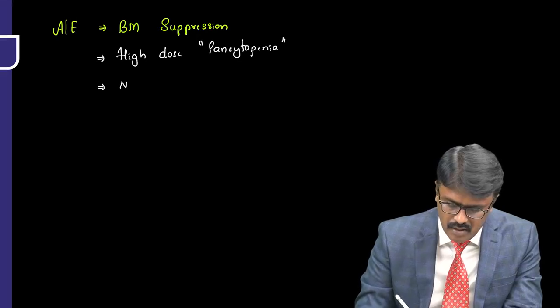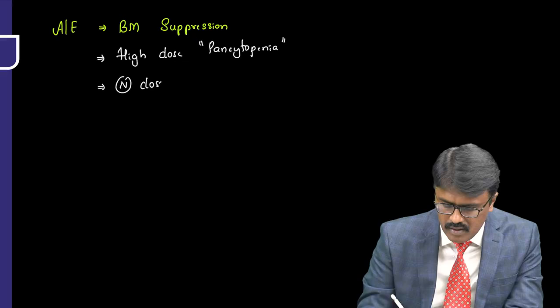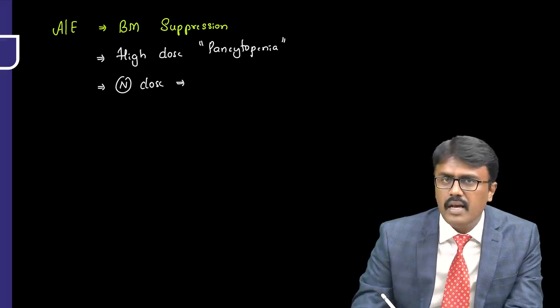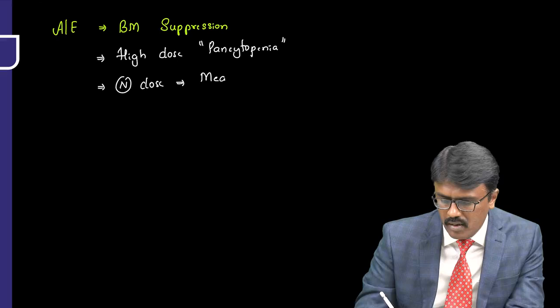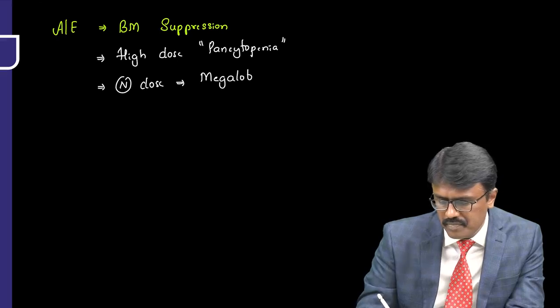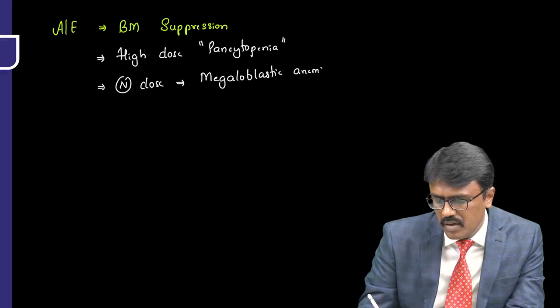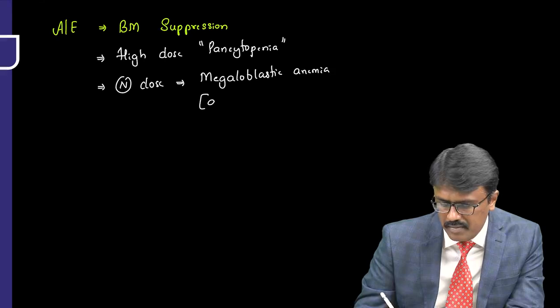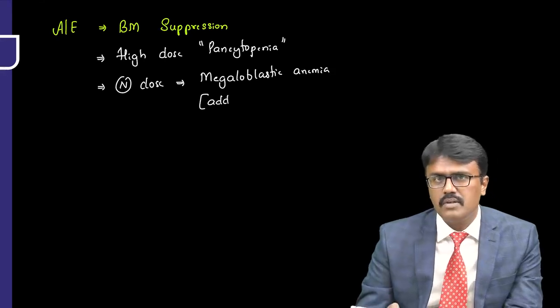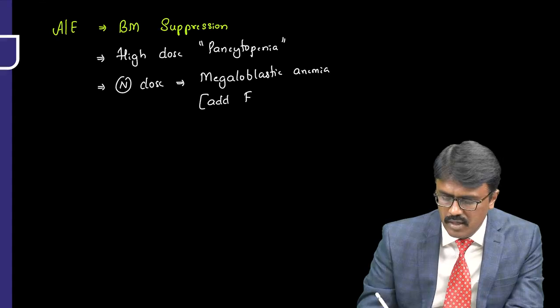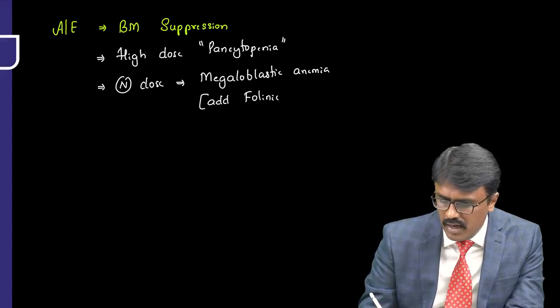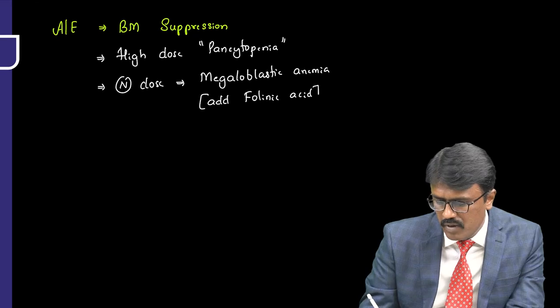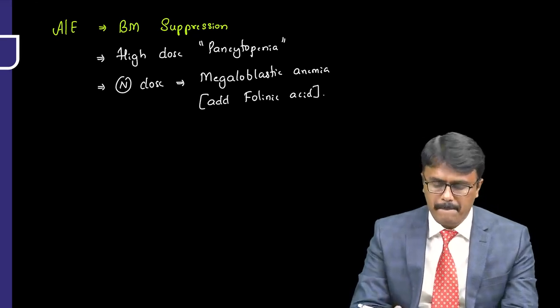But when you are using at normal dose, the drug has been shown to produce an anemia called megaloblastic anemia. So what do we do? For this, we add a preformed tetrahydrofolate, that is folinic acid. So we add folinic acid to prevent megaloblastic anemia.